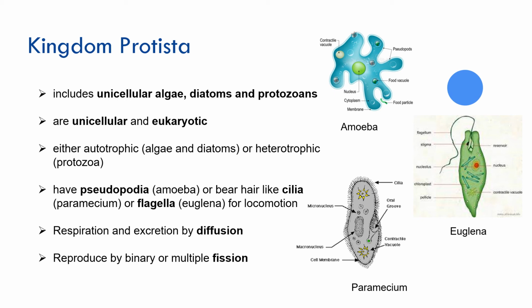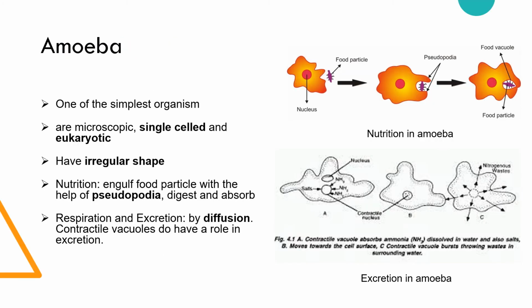Amoeba has pseudopodia, Paramecium bear cilia, and Euglena bear flagella for locomotion. Respiration and excretion takes place by diffusion. Reproduction is by binary or multiple fission.